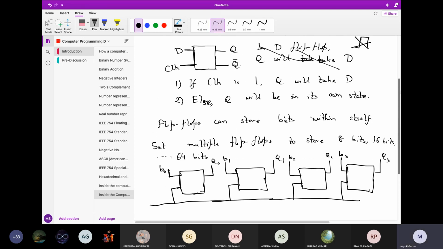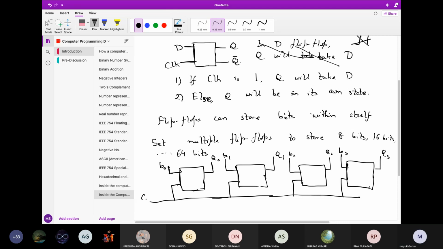So what happens here is that suppose we want to store this 4-bit B0, B1, B2, B3. Though generally it is kept from left to right, but somehow I drew it. Maybe you can make it B0, B1, B2, B3, and so on. Similarly, Q0, Q1, Q2, Q3, but that's obvious.